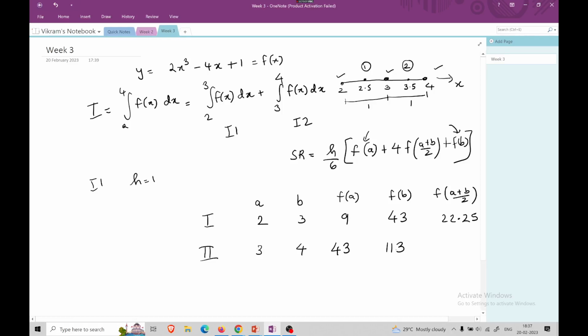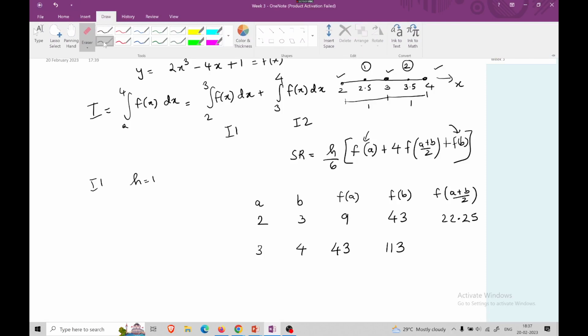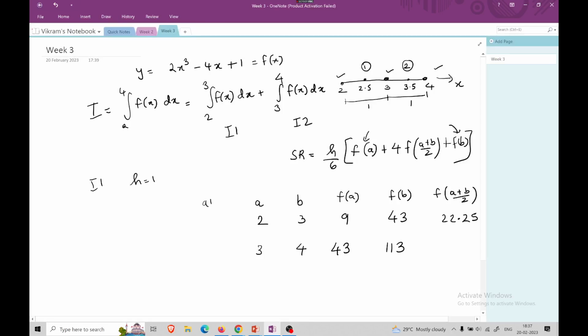So f of 3.5 I am going to calculate. Actually, it's better I add one more thing here. This is my (a plus b) by 2. This is 2.5, this is 3.5. This is for element 1, this is for element 2.